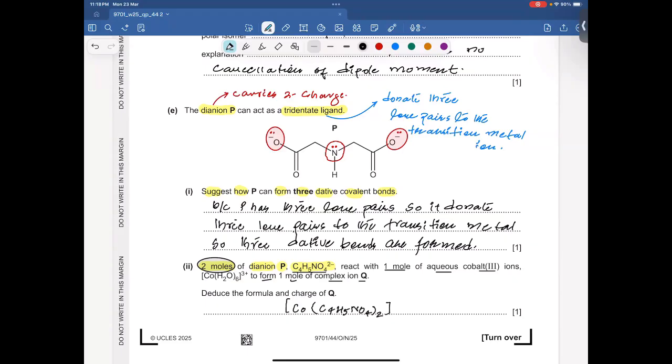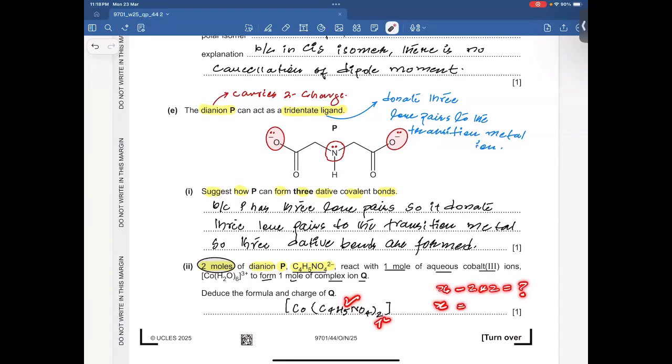And now we need to find the charge on this complex ion. The charge should be such that the oxidation state of cobalt is +3, and remember that this ligand has -2 charge, right? So cobalt, let's suppose, is X. This ligand has -2 charge, we have two ligands, so it's going to be X plus 2 times minus 2 equals the charge. Then X equals charge plus 4. And to get the plus 3 oxidation state, the charge has to be minus 1. Okay, I hope it makes sense to you.